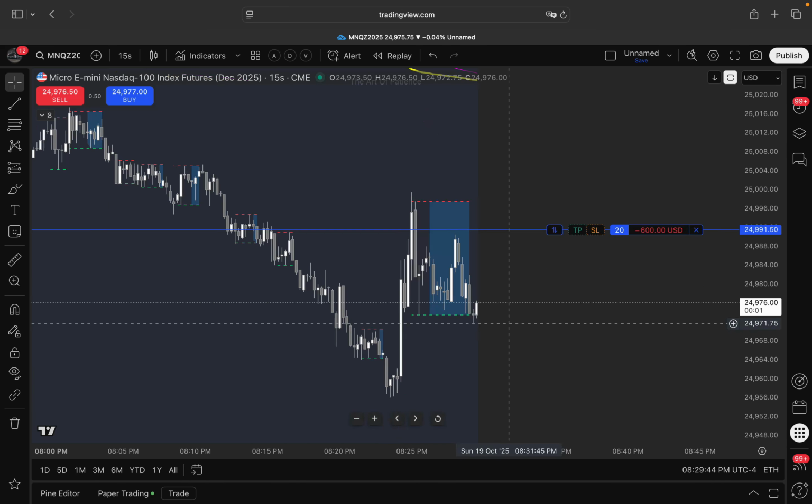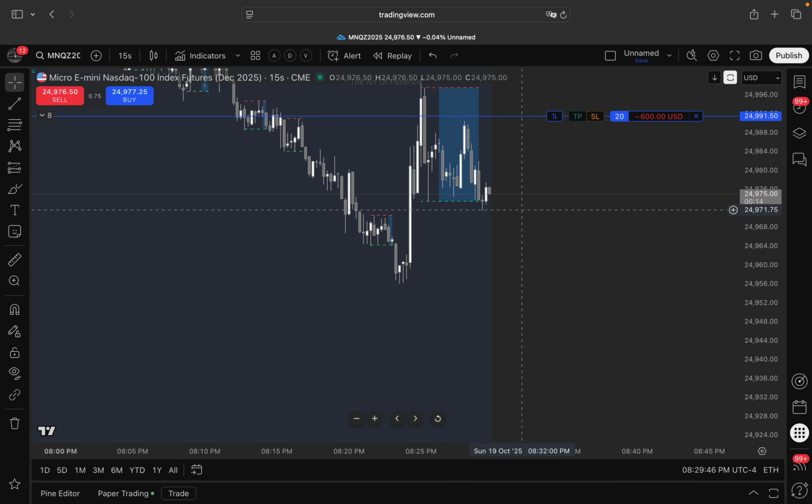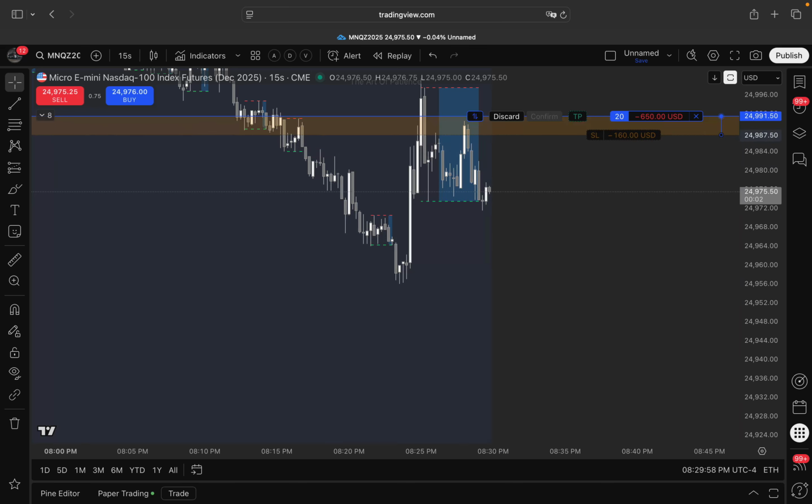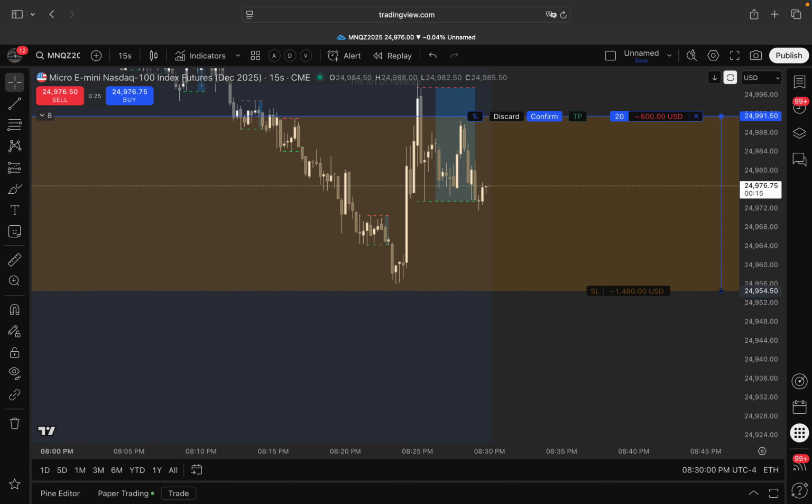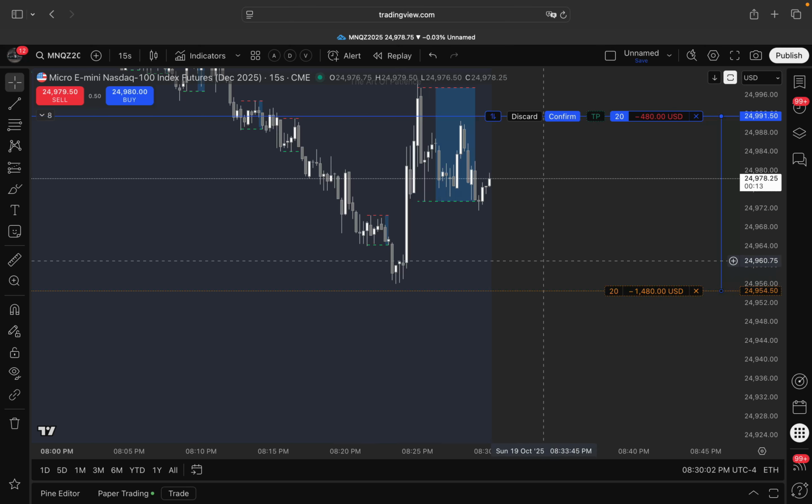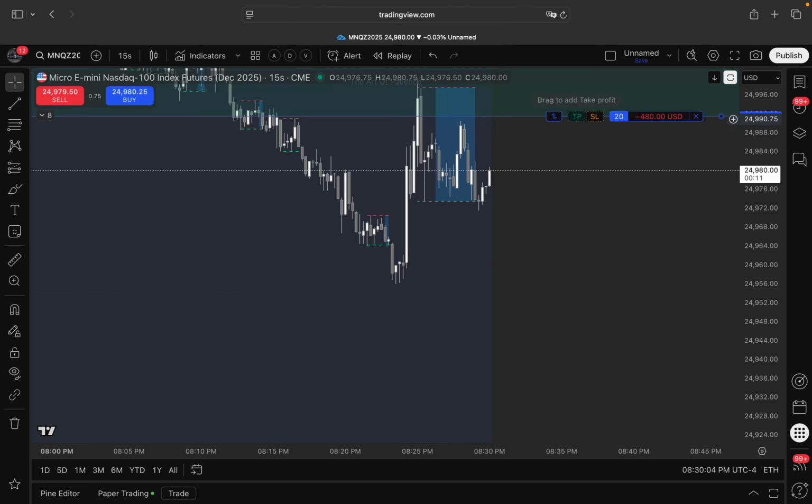Okay, so where would I put my stop loss in this example here? Even if I do get stopped out, I will wait for another opportunity. Okay, so I would place my stop loss just below the last low. Then I hit confirm.